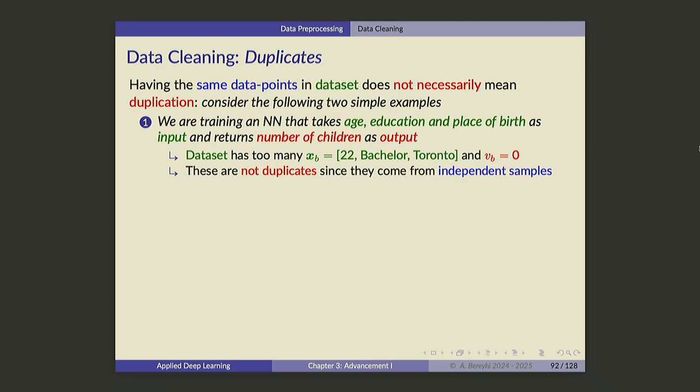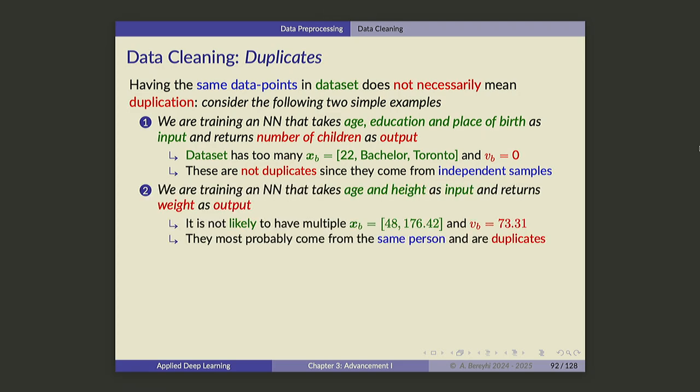This is different from the case where you just go randomly in the street and you ask people, what is your age, what is your height, and then as the label you ask them their weight. If you do that and some guy comes out, they say, I'm 48, I am this tall, 176.42, and my weight is 73.31 kilograms.